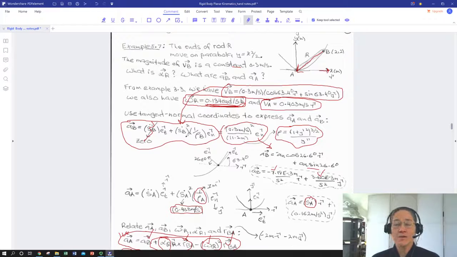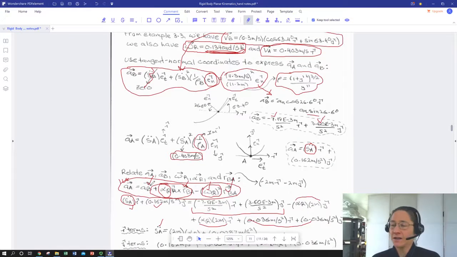This still holds. We just need to make sure that we're not mixing coordinate systems in our final expression. Our normal-tangent system is great for point B, but we did have to transform it to our reference coordinate system to plug it down into here.